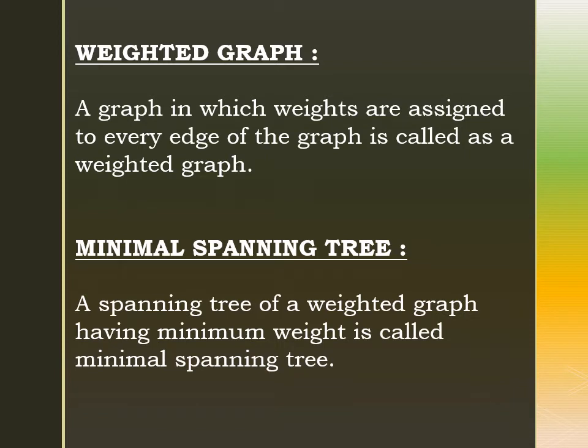A minimal spanning tree contains n minus 1 edges, and that too the edges with the minimum weight. So a spanning tree of a weighted graph having minimum weight is called a minimal spanning tree. Here further we are going to study algorithms to obtain a minimal spanning tree using Prim's and Kruskal's.